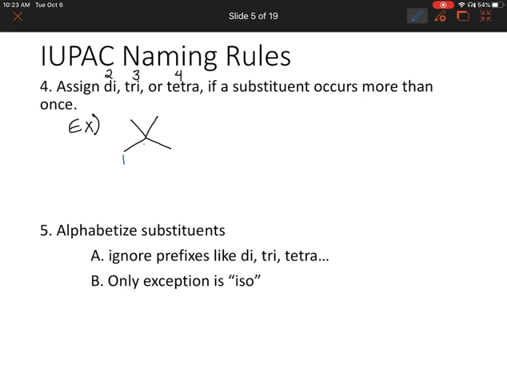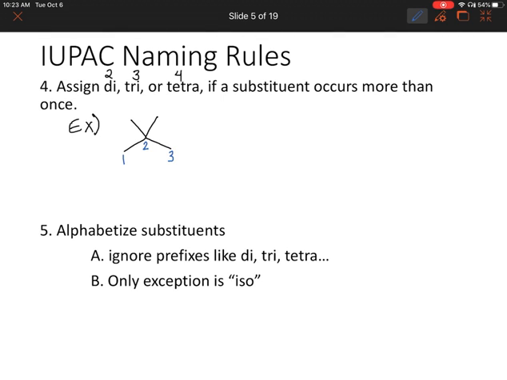So we have 1, 2, and 3. And I could have gone up here. It doesn't really matter as long as you just have the longest chain. All right, so that means we have 3 carbons in our parent chain.